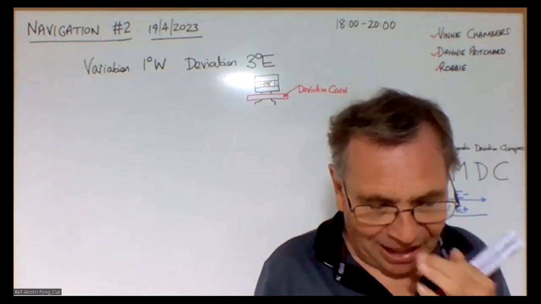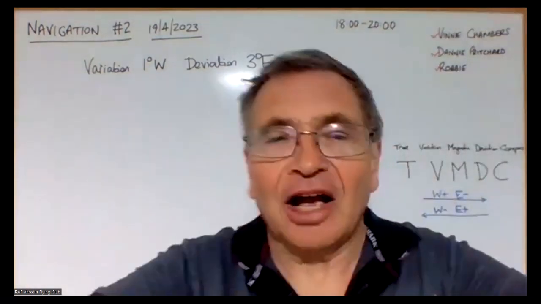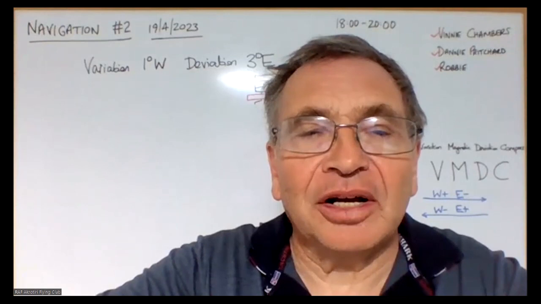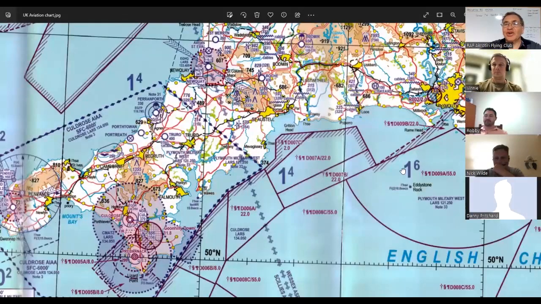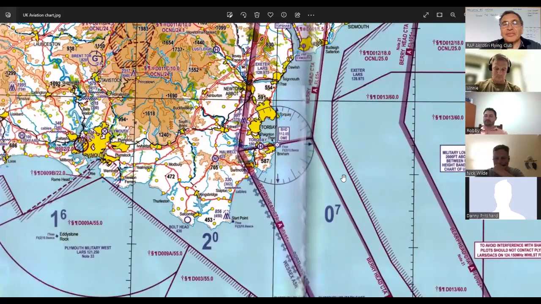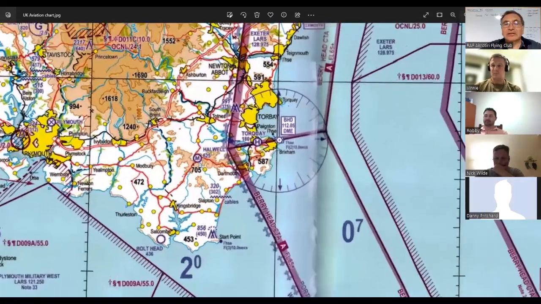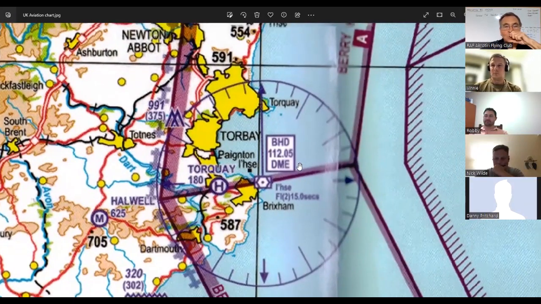So we talked about variation. We've talked about how to find it on various charts. Now let's look at a VOR here. I've chosen Torbay VOR because it's quite a nice one.